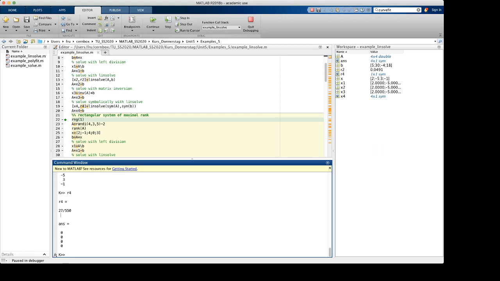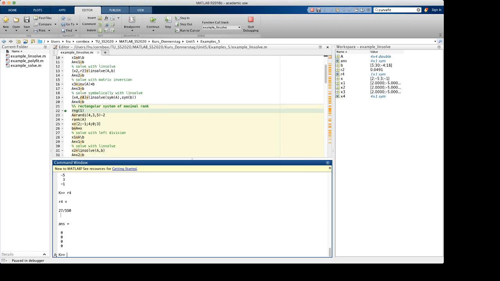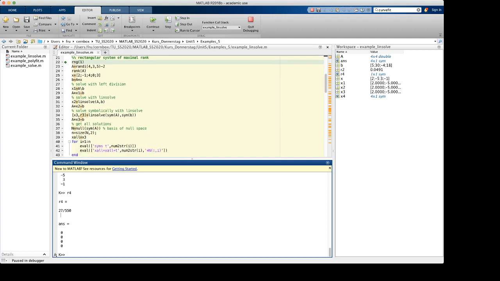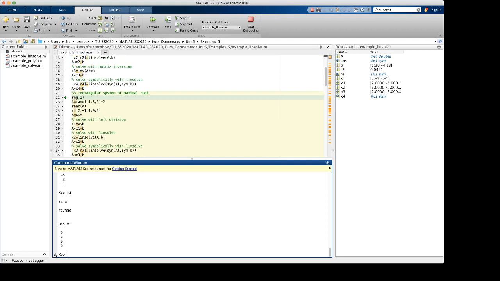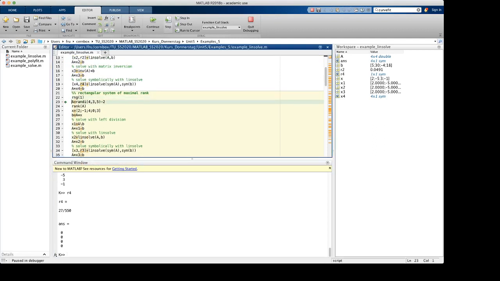Now let's look at the rectangular system of maximal rank. In this case, we know that there are an infinite number of solutions. So let's now start with a different matrix A, which is of size 3 by 5 and contains integers in the range from -1 to 2.